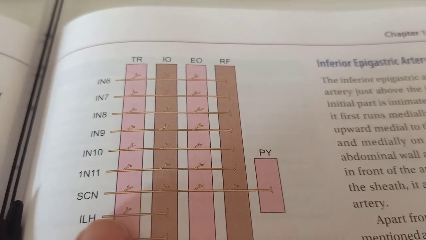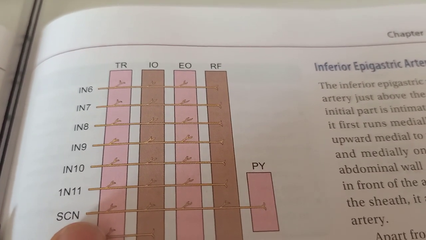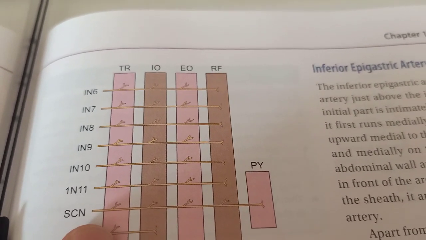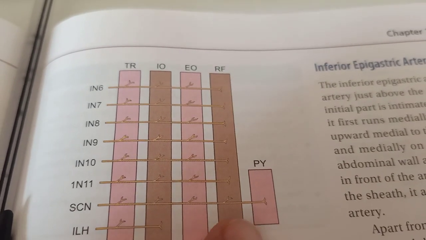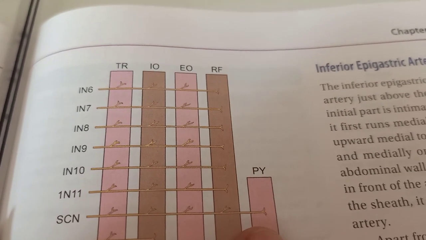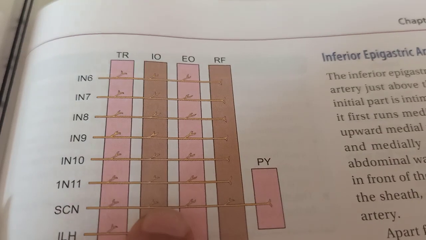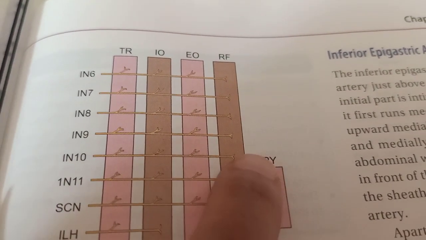Now the last is T12, that is the subcostal nerve. It is known as the subcostal nerve because it was supplying the thoracic and the abdomen, if you remember. It supplies transversus abdominis, internal oblique, external oblique, rectus abdominis, and also the pyramidalis.